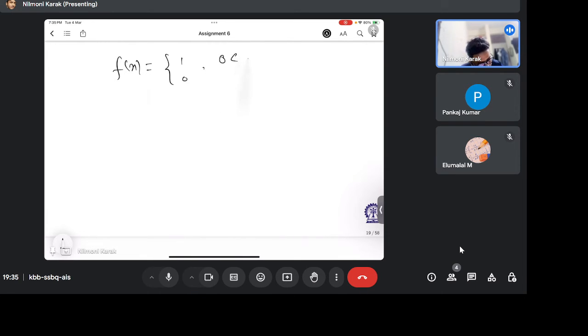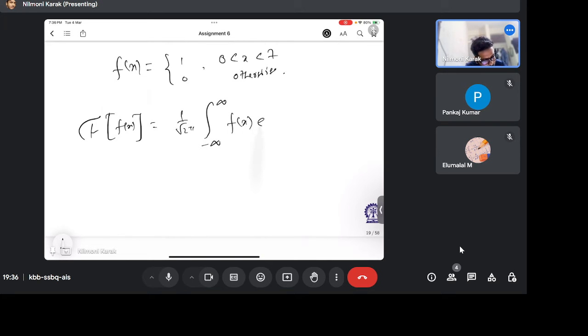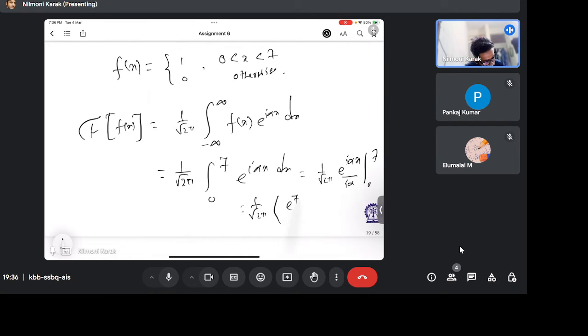Fourier transform of this function: 1 by root 2 pi, integral of e to the power i alpha x dx, which is e to the power i alpha x divided by i alpha from 0 to 7, and 1 by root 2 pi times (e to the power 7 i alpha minus 1) divided by i alpha.